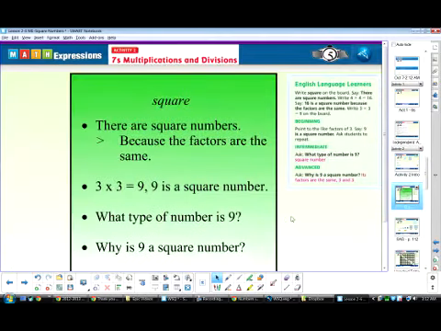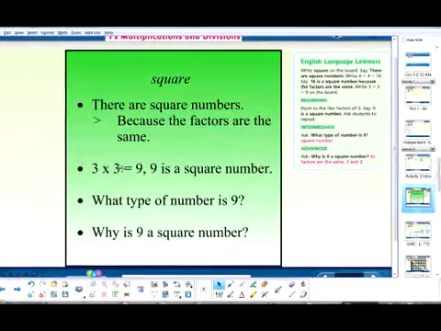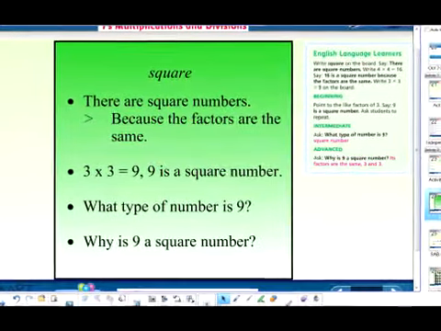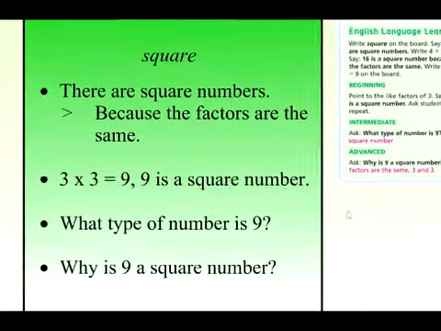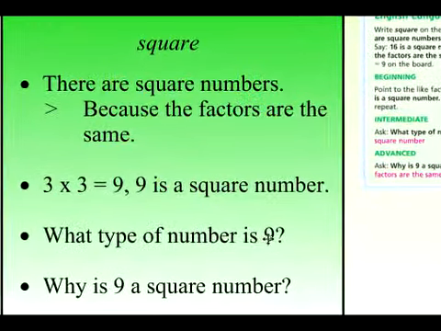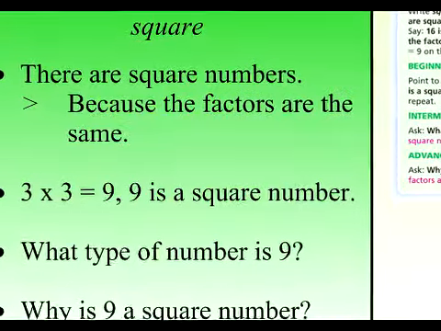Well, when we look at square numbers, we look at the factors. Like I just showed you, those two squares, one was 5 times 5 and the other was 8 times 8. Well, those numbers are the factors. 3 and 3 are factors. 8 and 8 were factors in that square, and 5 and 5 were factors. But what type of number is 9? 9 is a square number.